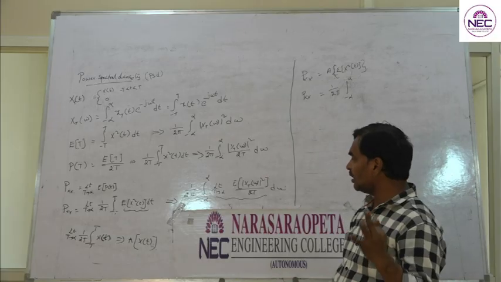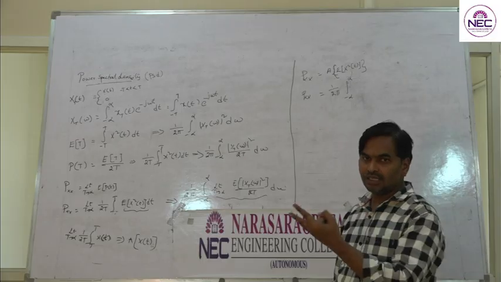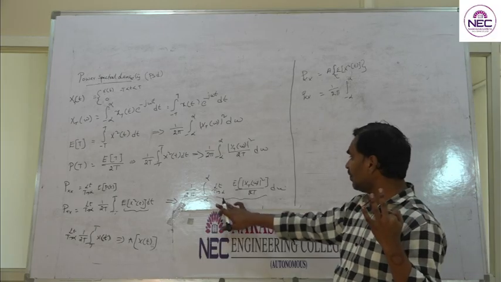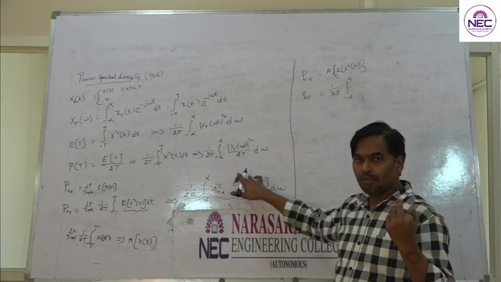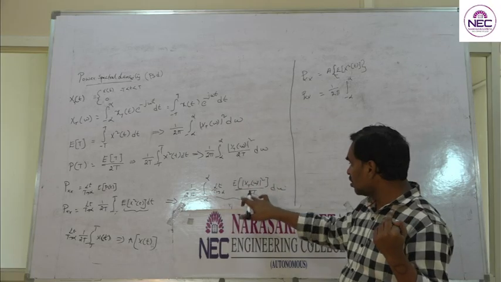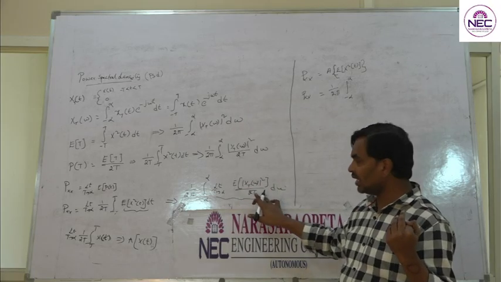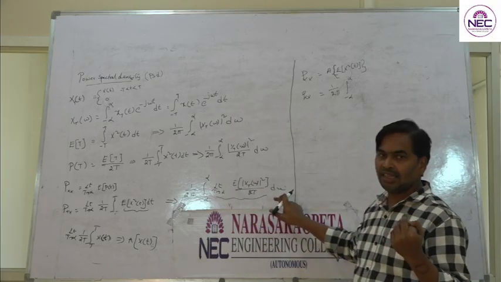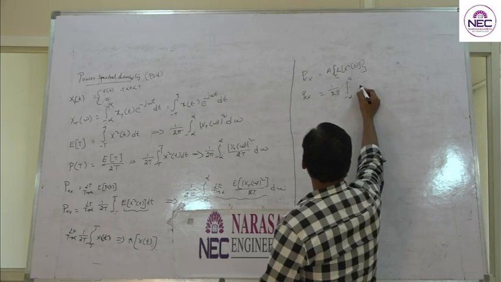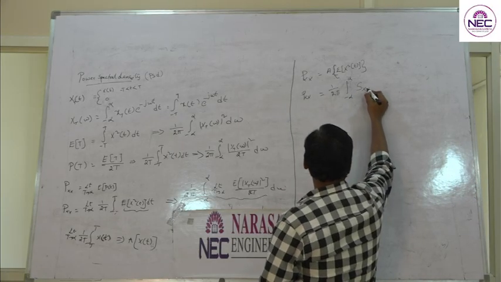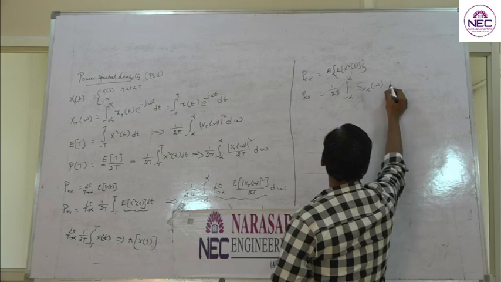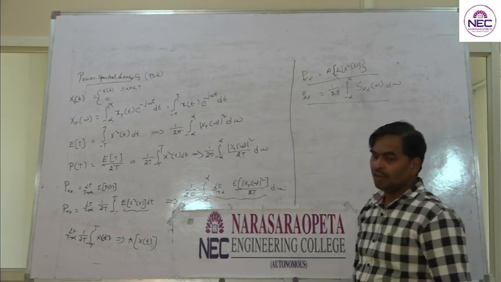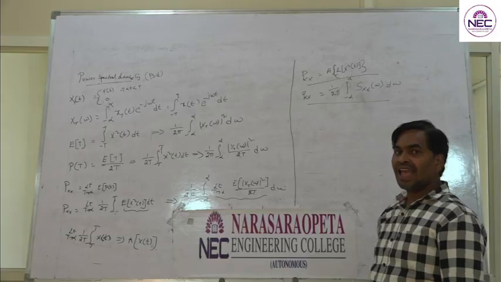The third equation which we have seen earlier, Sxx of omega, is equal to limit t tends to infinity expected value of magnitude of X_T of omega whole square by 2t. So this is the formula for Sxx of omega. Directly here I am going to represent it as Sxx of omega d omega.